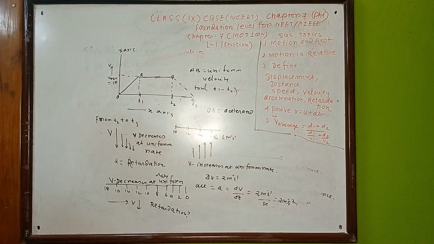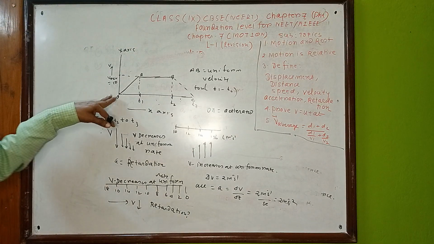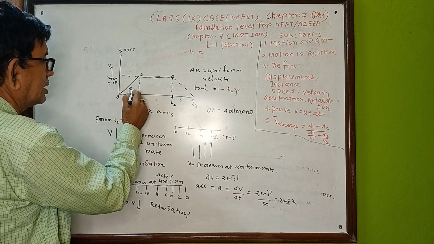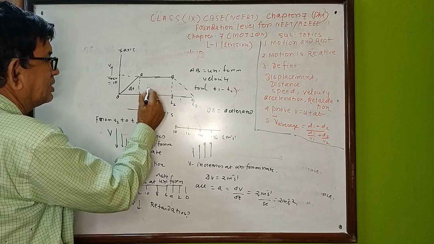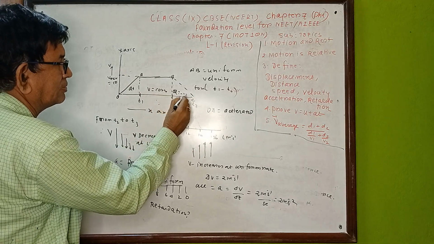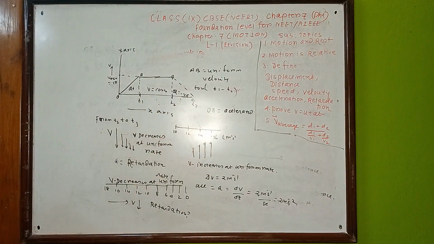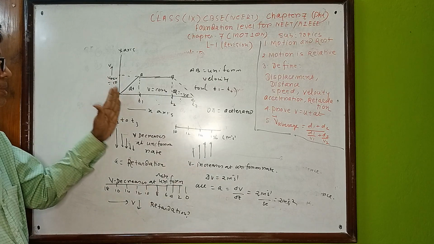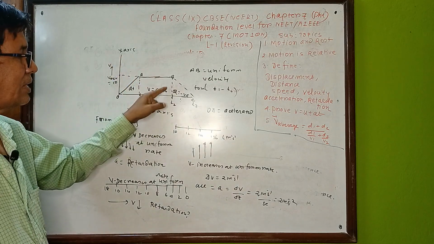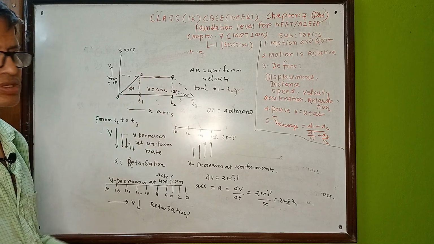Retardation. The unit is the same. So in this graph, first OA is accelerated motion with positive acceleration, then V constant, then retardation, negative acceleration.